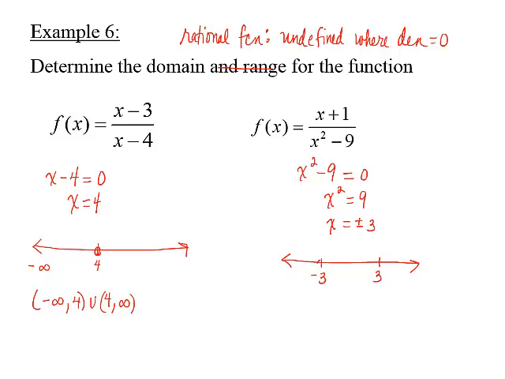If you draw a number line and take those numbers out, you'll see what is left: everything to the left of negative 3, everything between negative 3 and 3, and everything to the right of 3. So we write this as negative infinity to negative 3, union negative 3 to 3, union 3 to infinity.